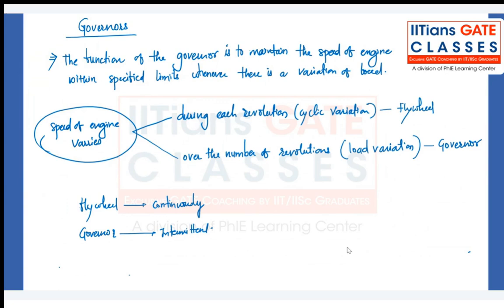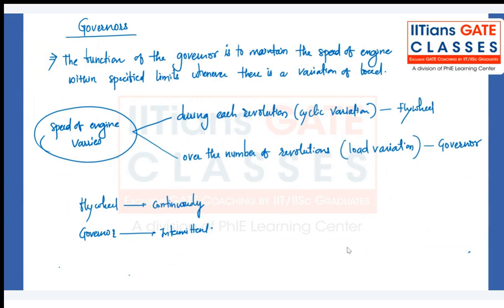So you can clearly see in a single cycle, suction, compression, power, and exhaust, we have the cyclic fluctuation, and this cyclic fluctuation we can avoid by using the flywheel. But the governor is something different.